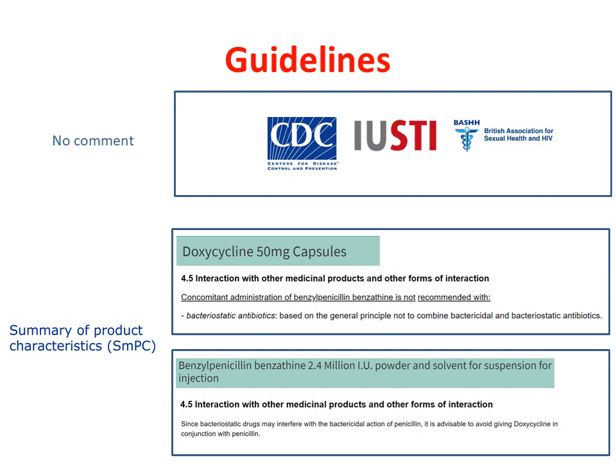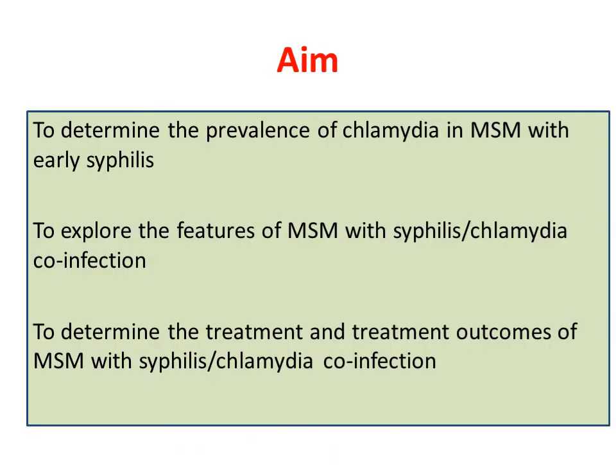However, both the summary of product characteristics of doxycycline and benzathine advise avoiding their simultaneous use, as you can see from this slide above. What we did was we aimed to determine the prevalence of chlamydia in MSM with early syphilis, to explore the features of MSM with syphilis chlamydia co-infection, and to determine the treatment and treatment outcomes of MSM with syphilis chlamydia co-infection.